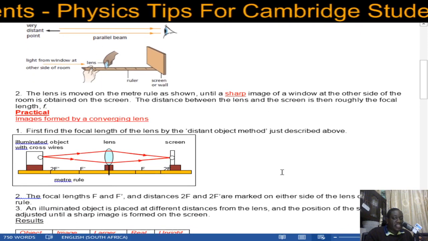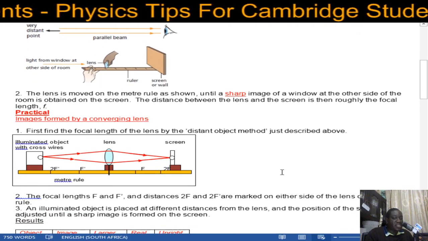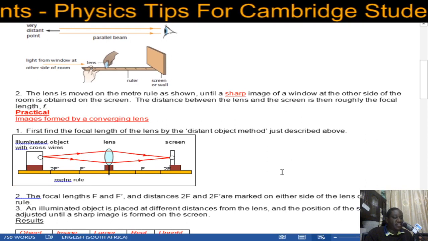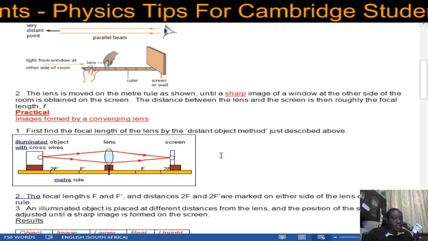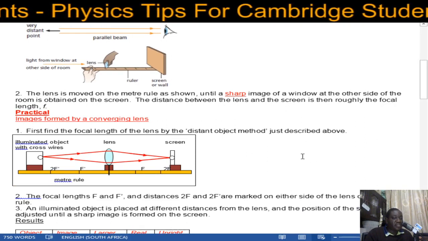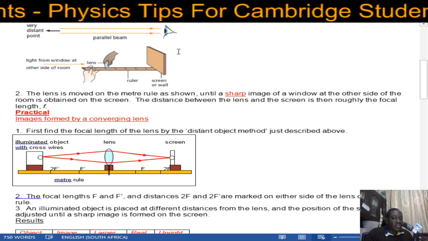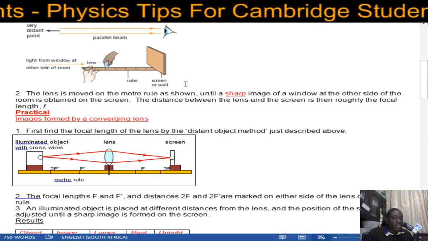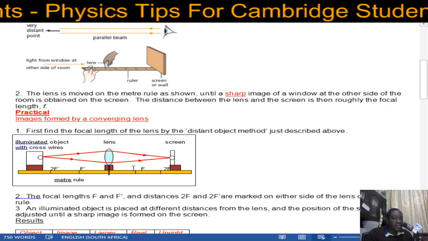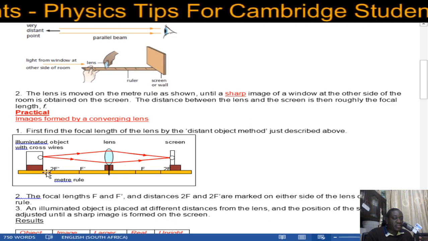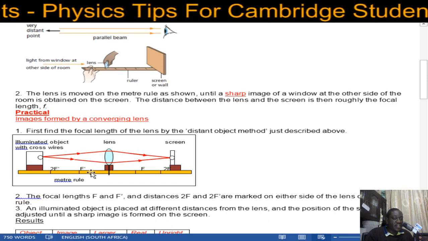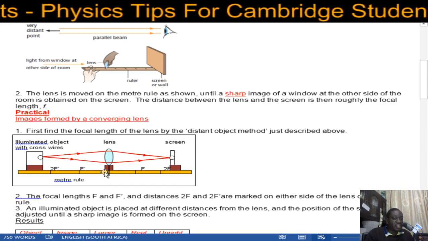Now we want to study images that are formed by a converging lens. First, find the focal length of the lens by the distant object method, the one that you've just done there. After you've done that, you then mark on there. You now know roughly the distance, that's the focal length.